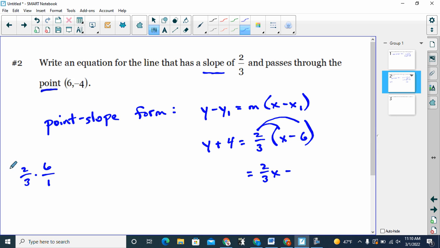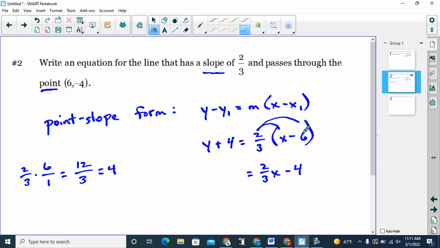When we multiply straight across, 2 times 6 is 12, 3 times 1 is 3, and 12 divided by 3 is 4. So 2/3 times 6 gives us 4. Positive times negative, remember it was minus, so we've got -4.